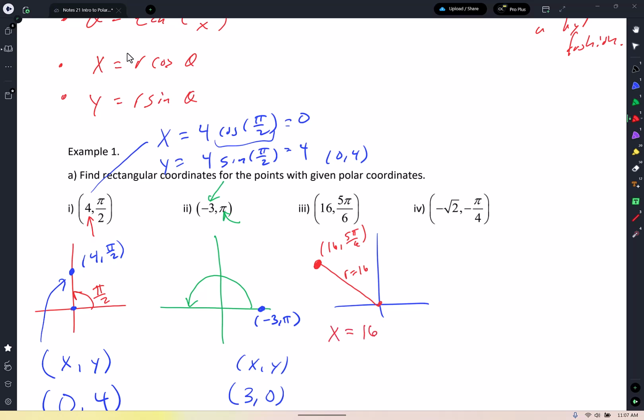Here is the x coordinate. I take my 16 and write cosine of 5 pi over 6. Do you remember what cosine of 5 pi over 6 is? Negative square root of 3 over 2. Yes. 2 goes into 16 8 times, so negative 8 square root of 3. That's your x coordinate.